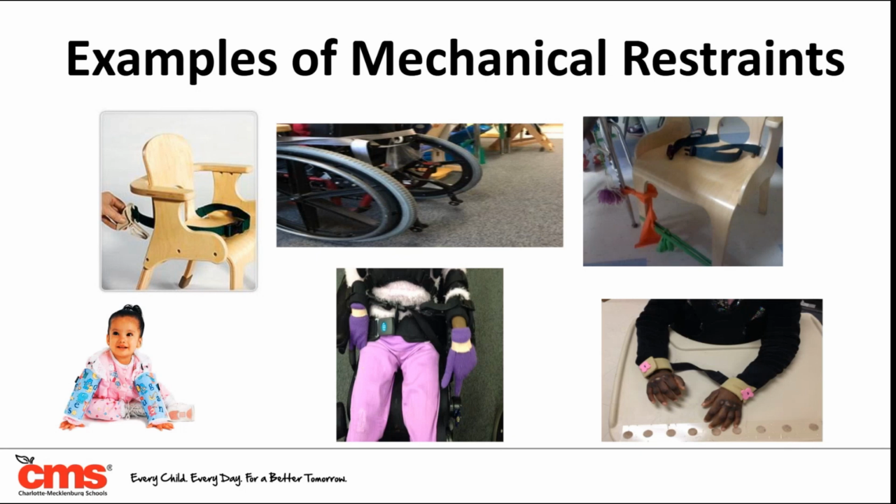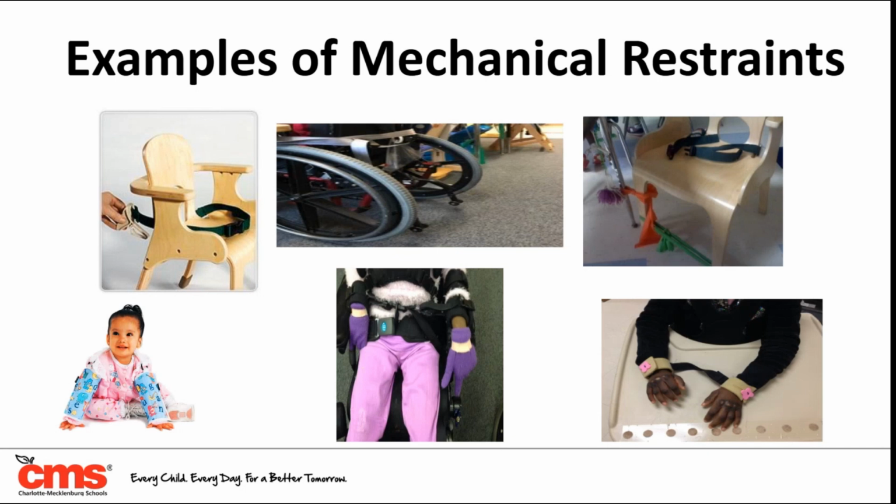There are gloves that you can use with wrist buddies, which you can see in the next picture to the right, but there are other ways to keep these gloves on. I've also seen gloves that they have a little button that attaches to the sleeve of a shirt. So there are things that we can use. You definitely want to consult with your occupational therapist when it comes to these mechanical restraints.